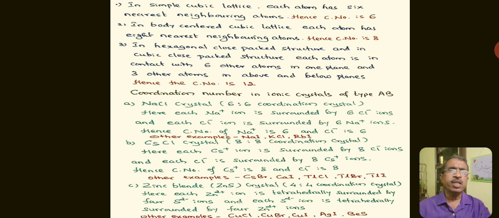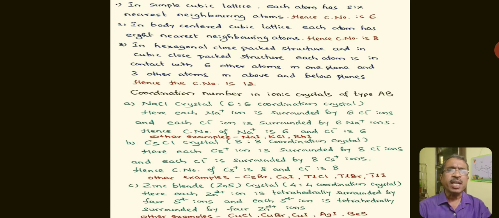Hence, coordination number is 8. In hexagonal close-packed structure and in cubic close-packed structure, each atom is in contact with 6 other atoms in one plane and 3 other atoms above and below the planes. Hence, the coordination number is 12.